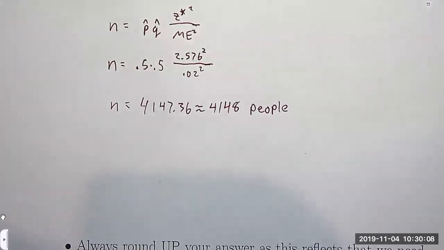Question? Oh, okay, yeah. So that was given in the statement of the problem. It said that they wanted to know p within 2 percentage points.